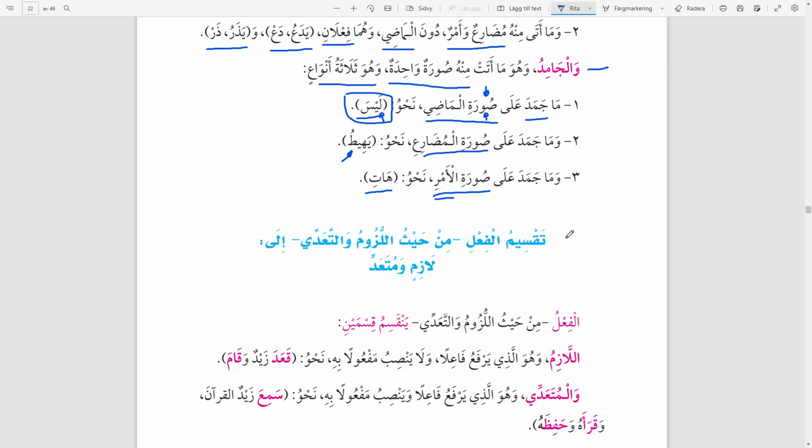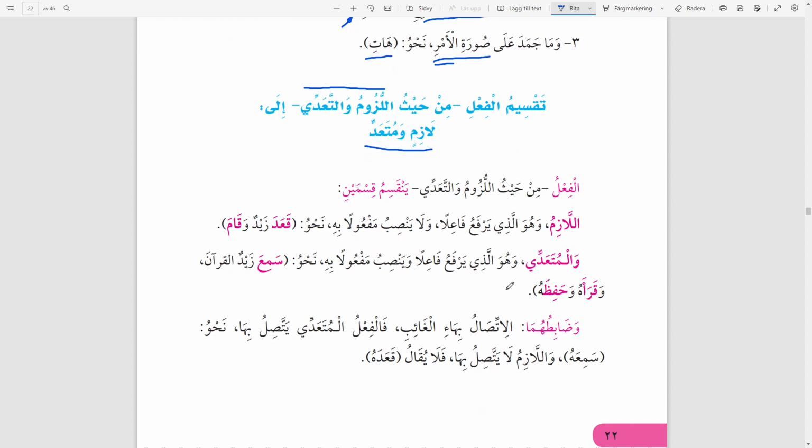And then you have the categorization of the verb into لزوم الفعل المتعدي, يعني لازم ومتعدي, meaning verbs with effect or verbs without effect. I'm sure there's a good term for this. So there are two types. اللازم.